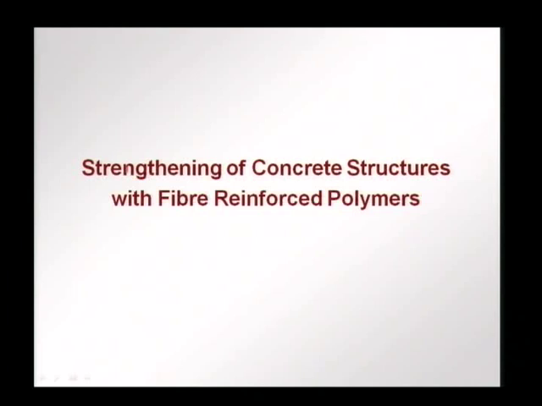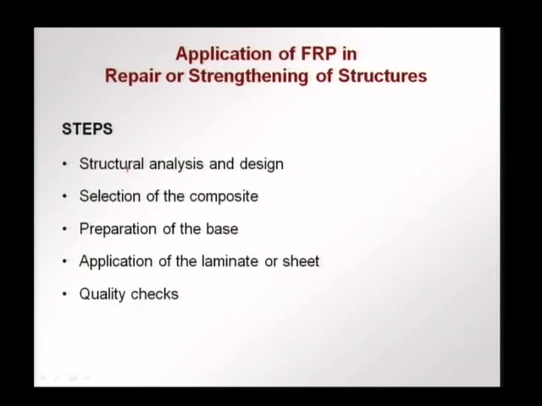Now let us see the different cases of strengthening of concrete structures using FRP. What would be the steps? It is not just adhering the FRP on the structure, but there are certain steps to be followed. First of all, there has to be a proper structural analysis and design, just like you would do reinforced concrete design or steel design. You have to now design the reinforced structure or the strengthened structure.